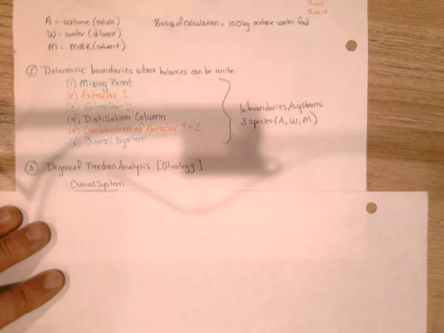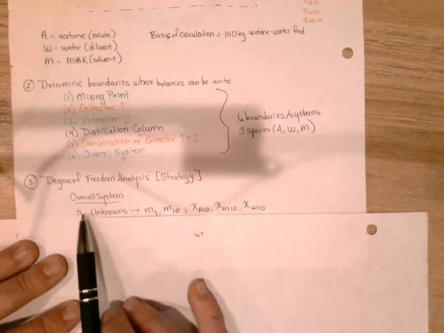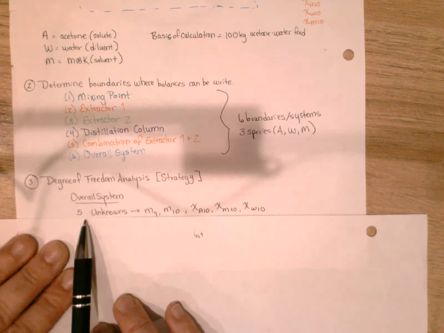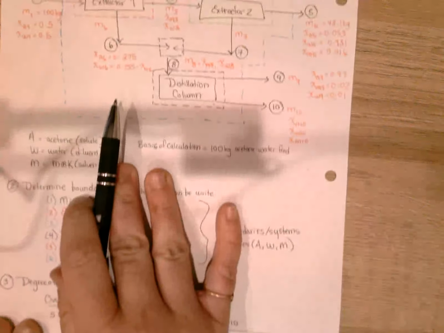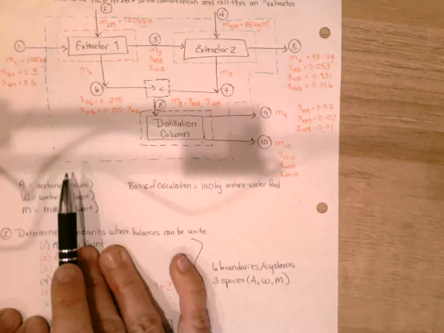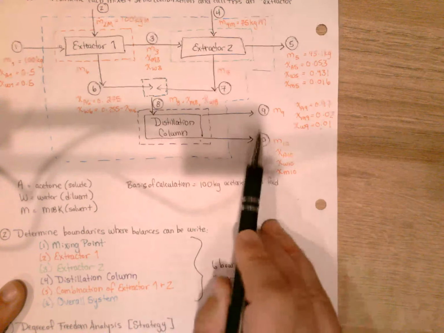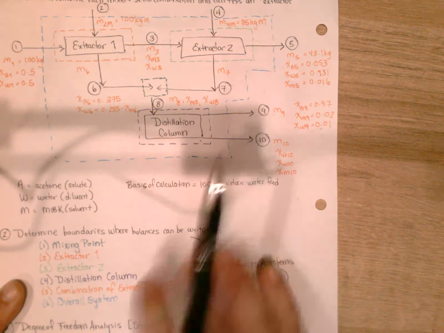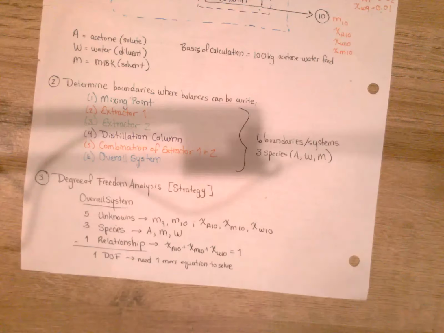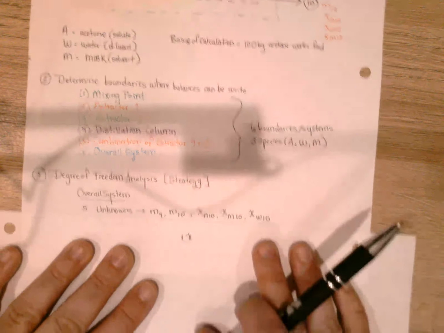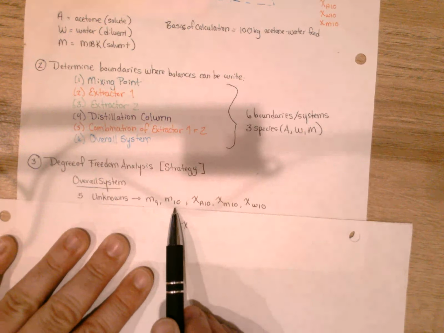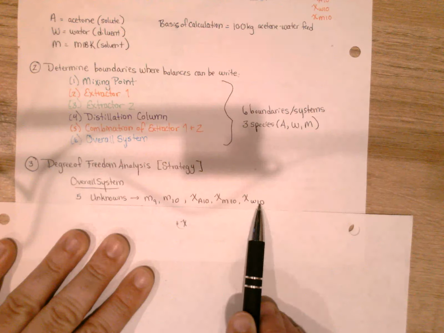So on the overall system, let's write our degree of freedom analysis. If we look at the overall system with our blue boundary up here, we have an unknown coming out in stream 10, and we have an unknown coming out in stream 9. We don't know what's going on there. So we've got 3 different unknowns: 2 different masses, and then the composition of that 10th stream.